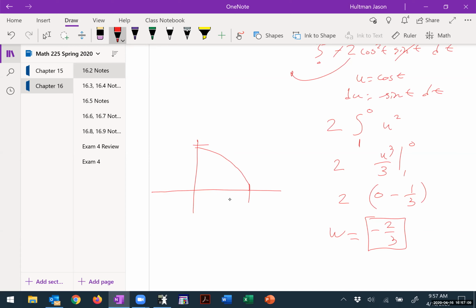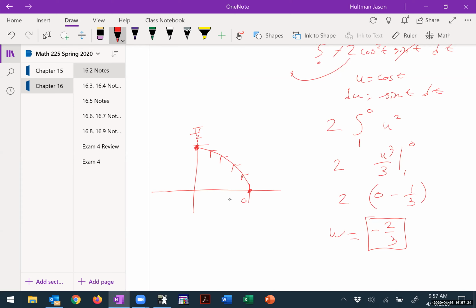And where are we going on that quarter circle? We're going from 0 to pi over 2. So we're traveling along this quarter circle from theta equals 0 to pi over 2, so we're going that way.